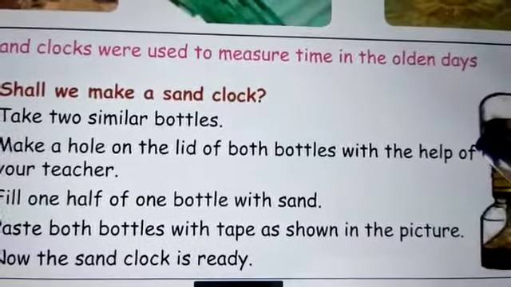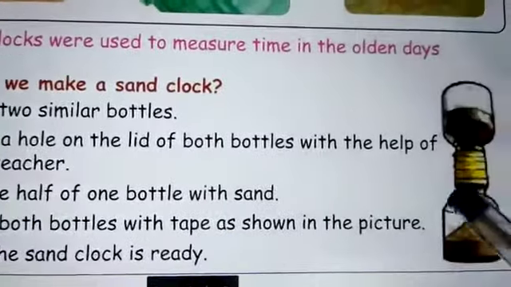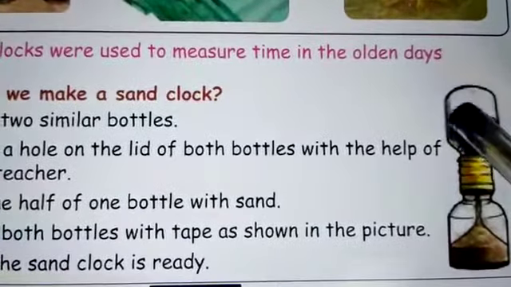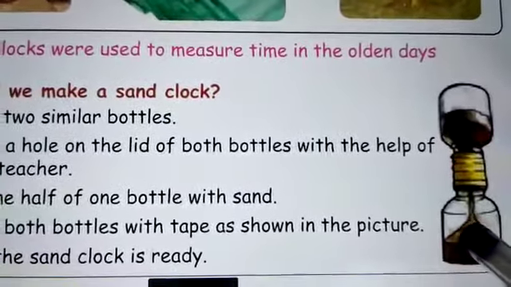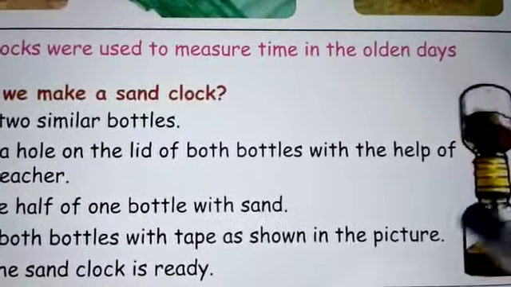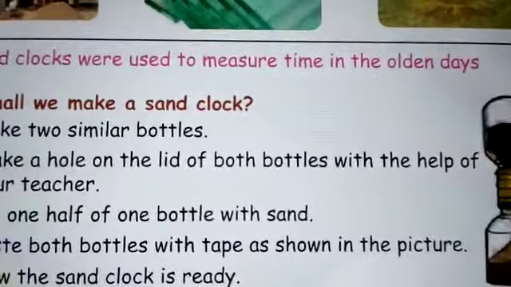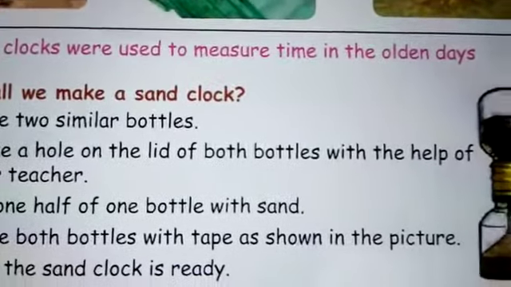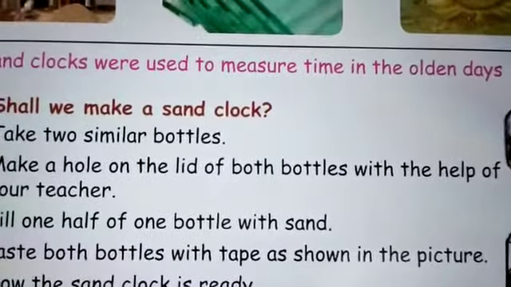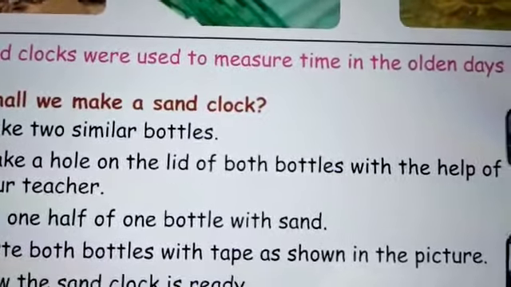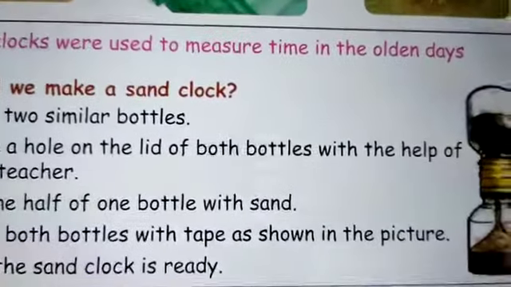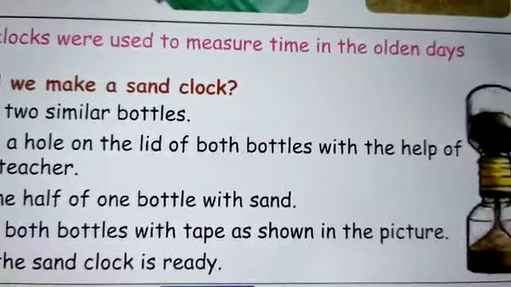They know the time using this. If the sand comes down fully, 1 hour goes. Then they will turn this upside down, and again the sand from the top comes to the bottom. This is the process of a sand clock.